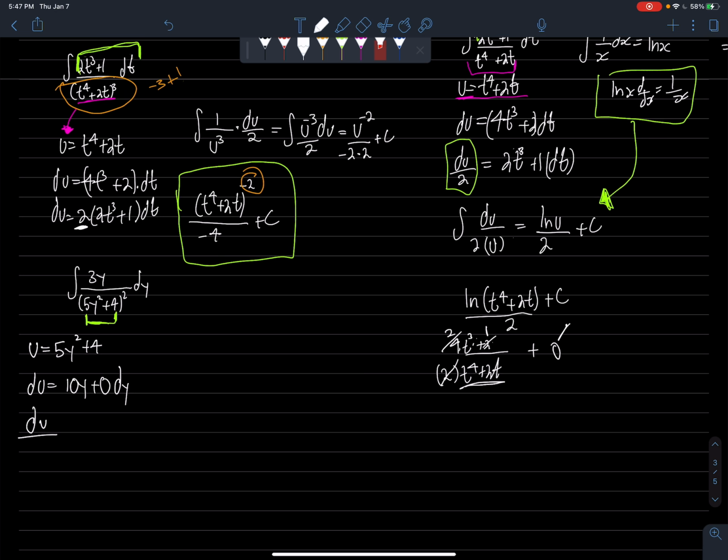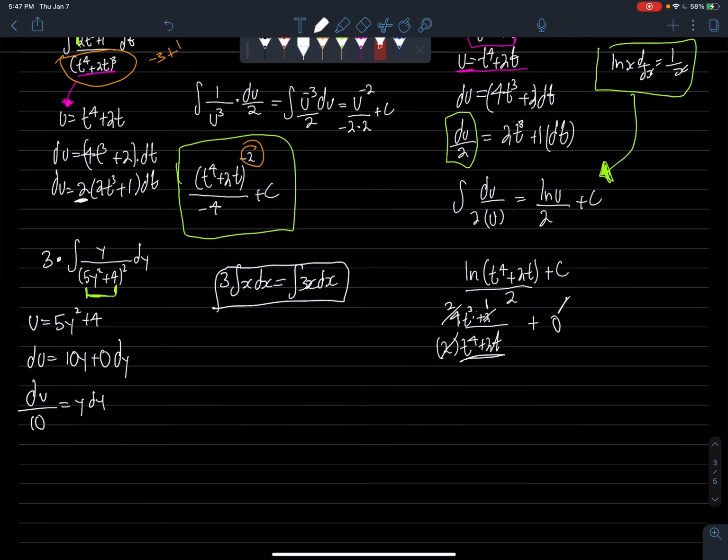Here's a trick: if you see a number like that, just bring it outside, okay? Do it like this, because then all you need to do is look for y dy. Very easy, right? Because 3 times the integral of x dx is equal to the integral of 3x dx. This is very important, okay?